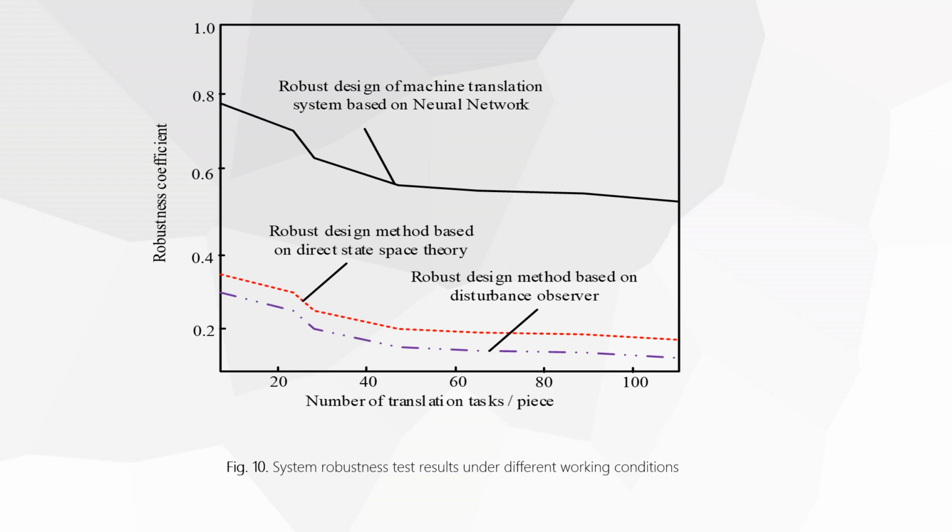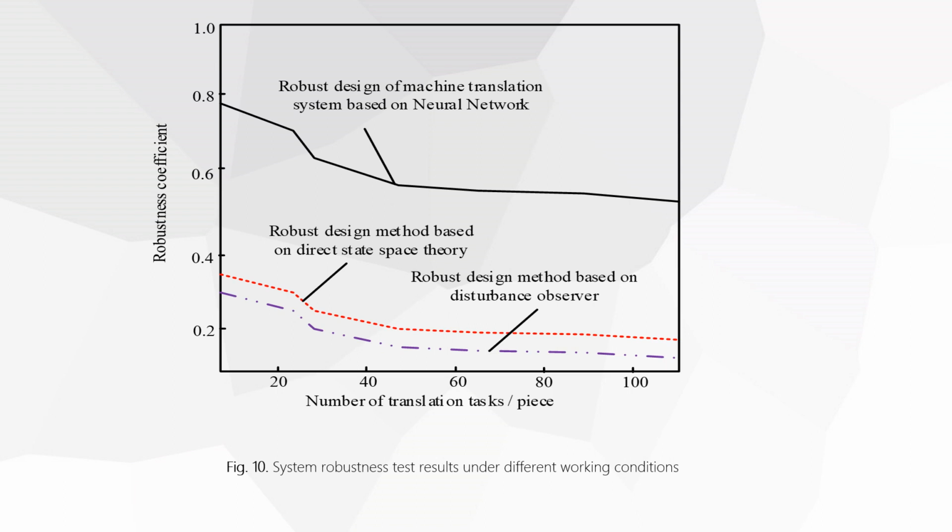It can be seen from Figure 10 that there is a negative correlation between the number of translation tasks executed by the system and the system robustness coefficient. Through vertical comparison, it is found that the average value of the empty system load robustness coefficient of the comparison methods is 0.37 and 0.28.